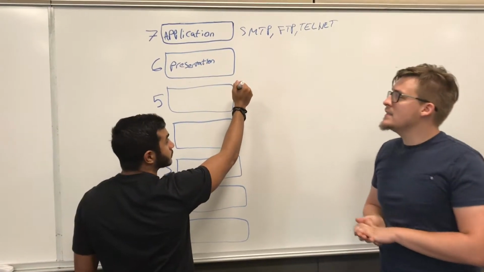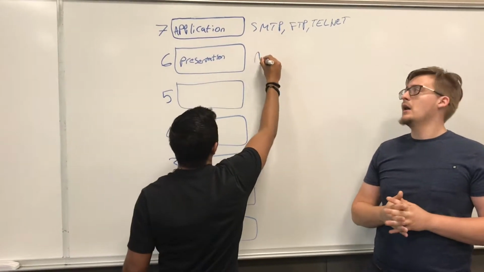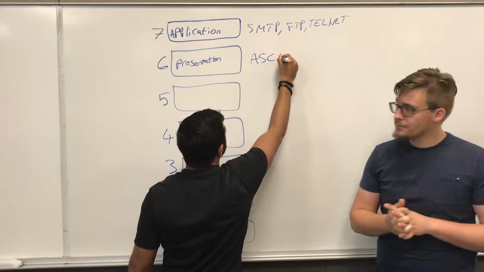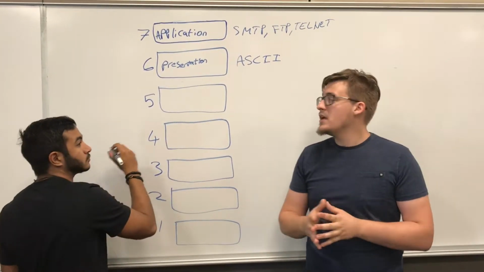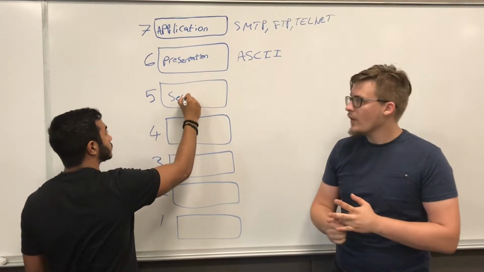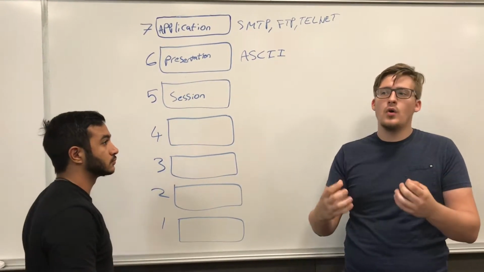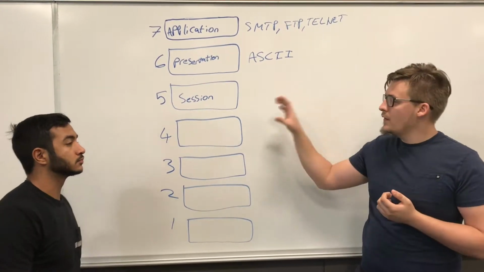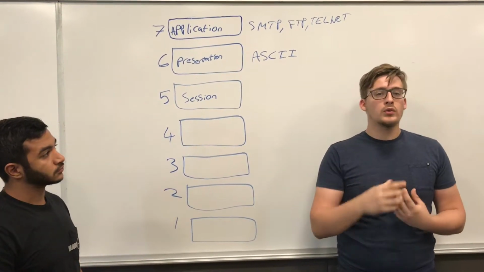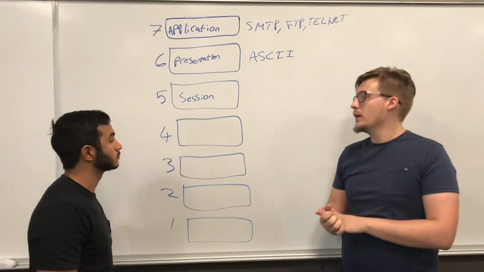In most cases, the content is encrypted to ASCII characters, and that will move down to the 5th, the session layer. The session layer is all about connecting devices. So in our case, if we're writing an email, in the 5th session layer, our computer will connect to the mail server, to the device which handles the mail servicing.